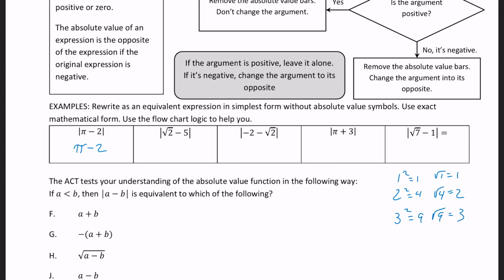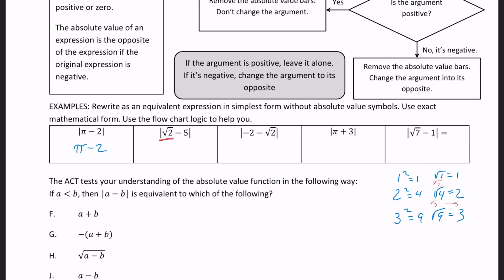So what that means is that if I see something like a square root of 7, then a square root of 7 would fit in about right here. And so a square root of 7 is somewhere between 2 and 3. So a square root of 2 is what I see in this problem here, and a square root of 2 would sit somewhere between 1 and 2.